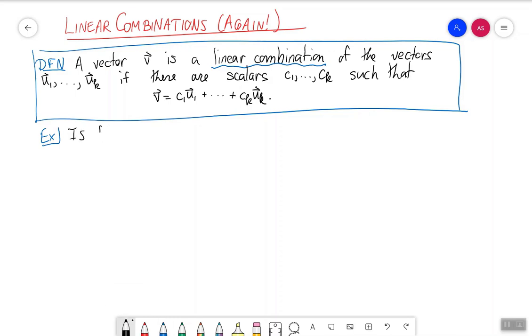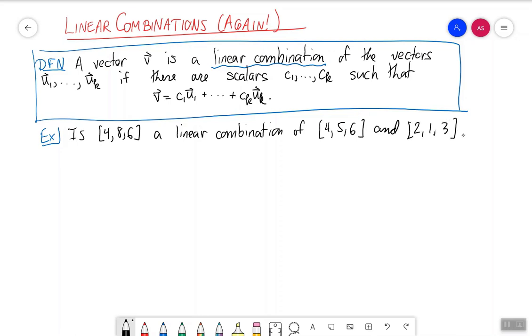Is the vector 4, 8, 6 a linear combination of the vectors 4, 5, 6, and 2, 1, 3? Now when I write that, I mean of the set consisting of these two vectors.